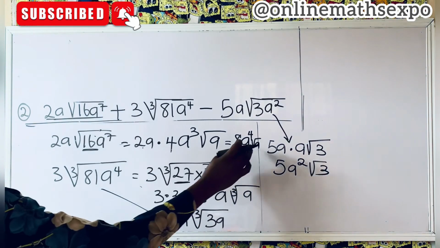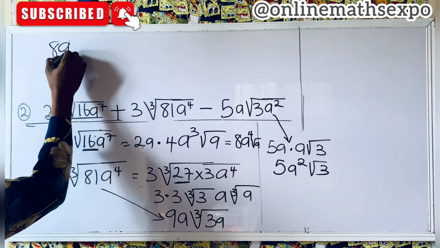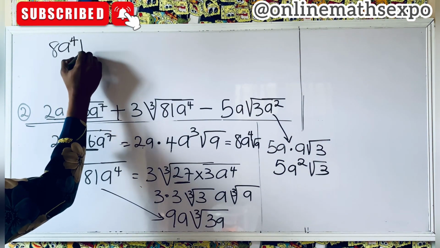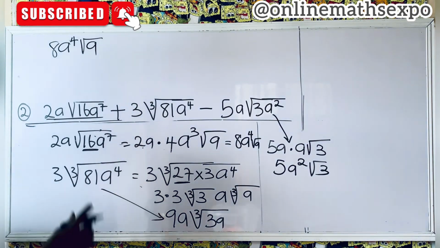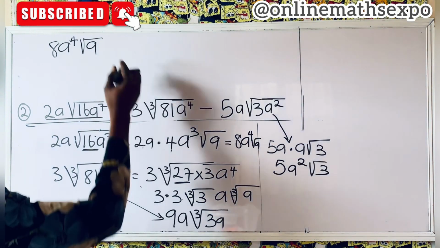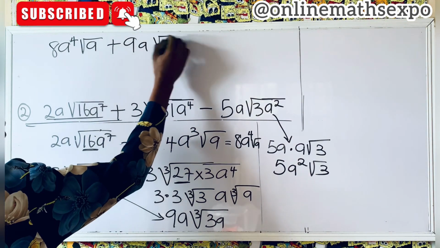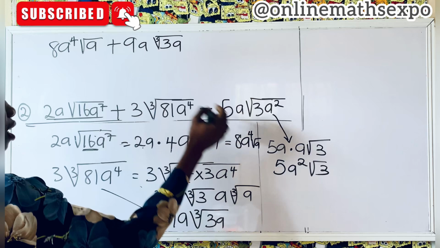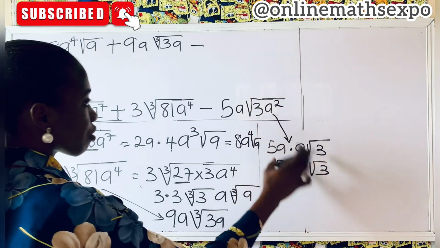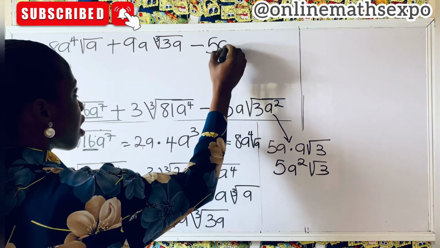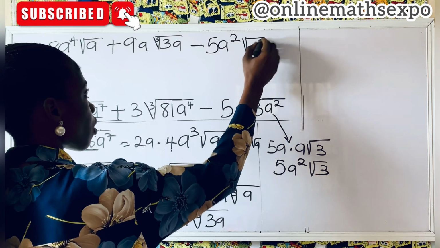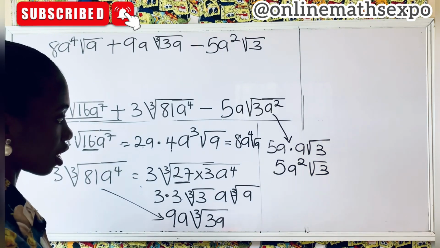So for simplifying this, we got 8a to the 4th square root of a. For simplifying this, this is what we have. So we have plus 9a cube root of 3a minus, this gave us 5a squared square root of 3.